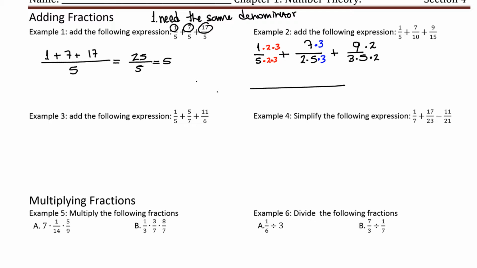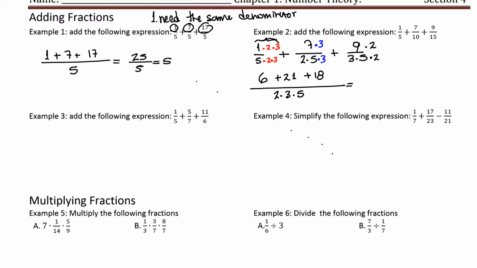Okay, so we're going to write 2 times 3 times 5. Now, on the top, we're going to write the numbers simplified. 1 times 2 times 3, which is the first one over here, is going to be 6. Then 21. Then 18.